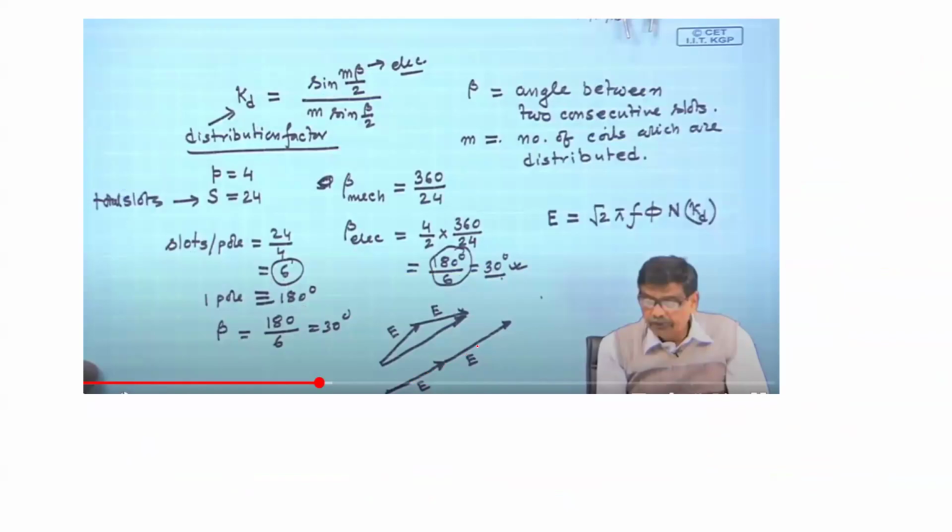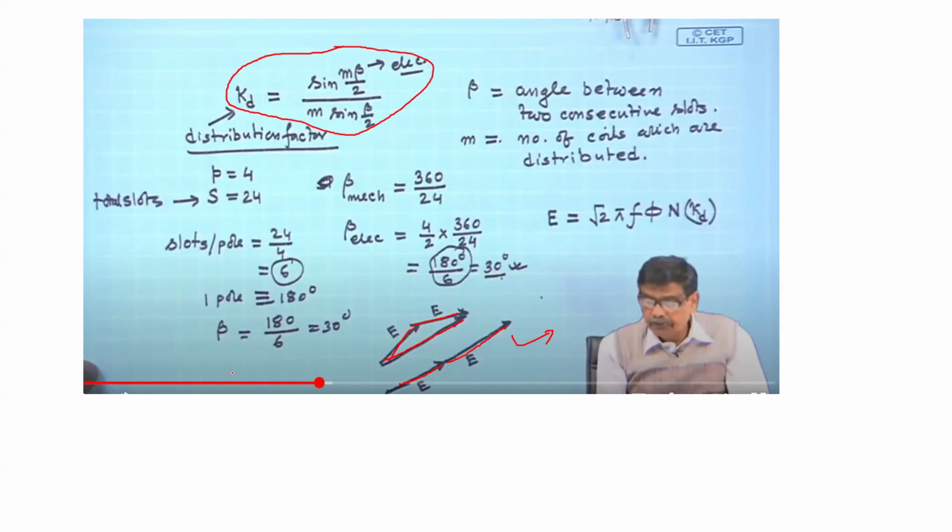If it were an algebraic sum, then suppose you have two E like this, you would get exactly 2E. But instead, what we have is the vector sum of the conductor EMFs, so you will get something less than 2E. To take care of that, we have the distribution factor. So please remember this distribution factor formula also.